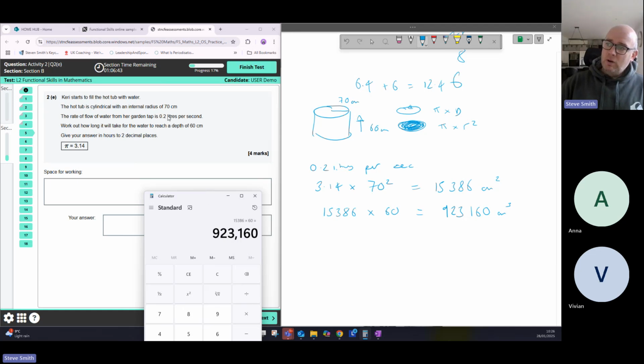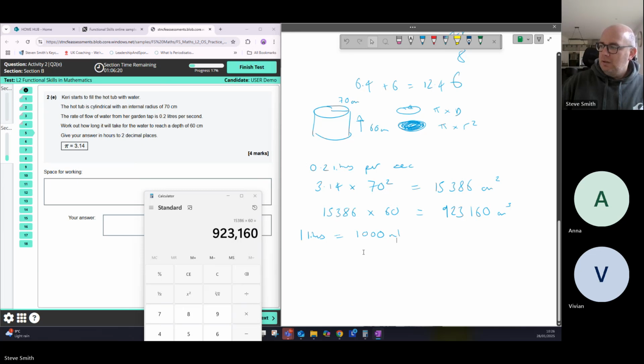We know how quickly it fills up, 0.2 liters per second. So if we think of liters, 1 liter is 1,000 milliliters. If we've got 1,000 milliliters, how much have we got when it comes to centimeters cubed?